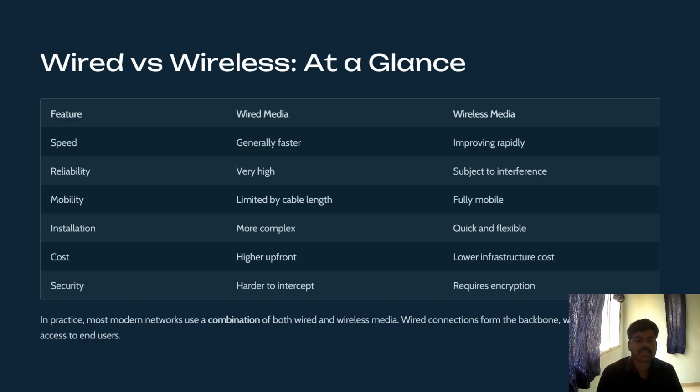Then installation. The installation of wired media is more complex than wireless media. If we are talking about cost, wireless media has lower infrastructure cost, while wired media has higher upfront cost. In security, wired is harder to intercept, while wireless media requires encryption.